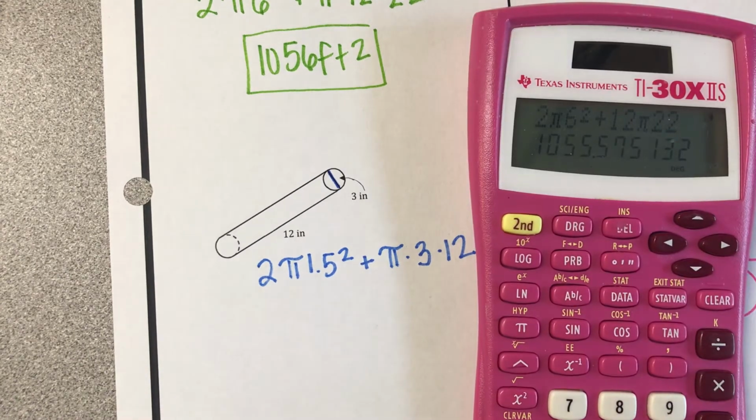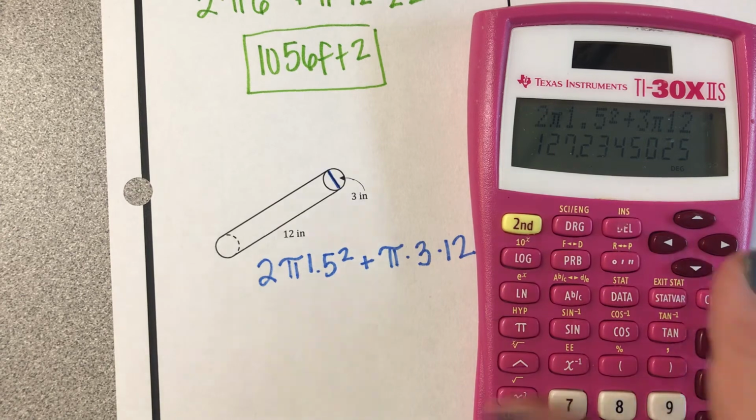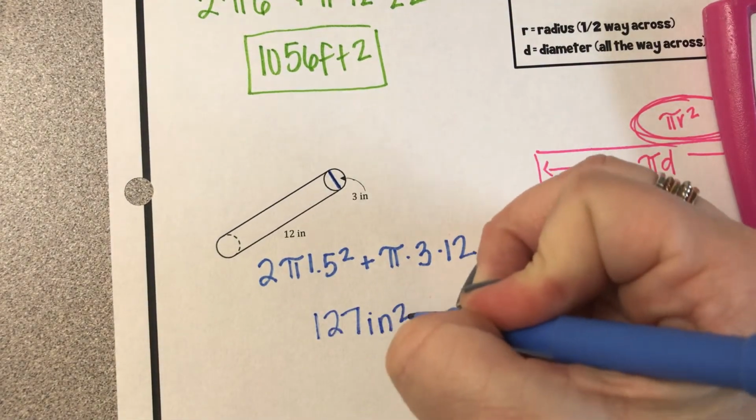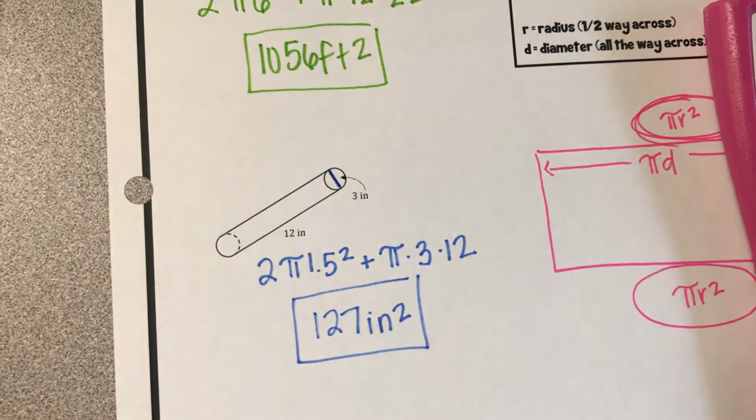So I'm going to type it in, 2 times pi times 1.5 squared plus pi times the diameter times the height. So 127.3 or 0.2, is the 2 5 or more? No, so 127 inches squared.